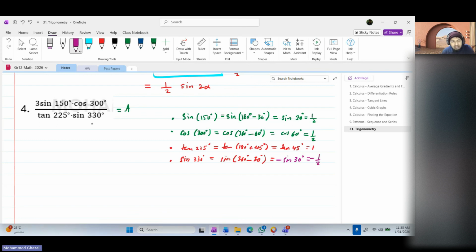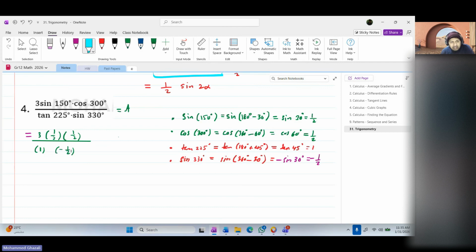Now I'm going to put the answers here. This answer is now equal to, that was half, so 3 times half times another half divided by, see, I did all my calculations on that side. See, all the answers are here. Tan 225 is 1. Sine of 330 is negative half.